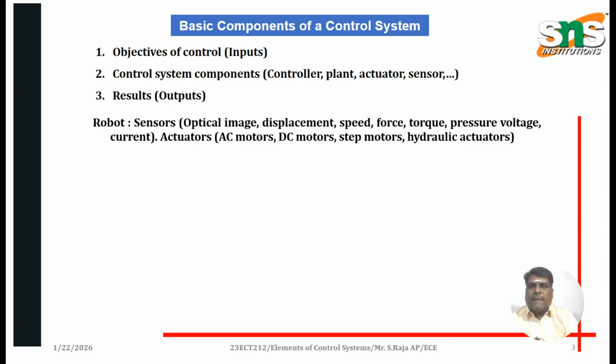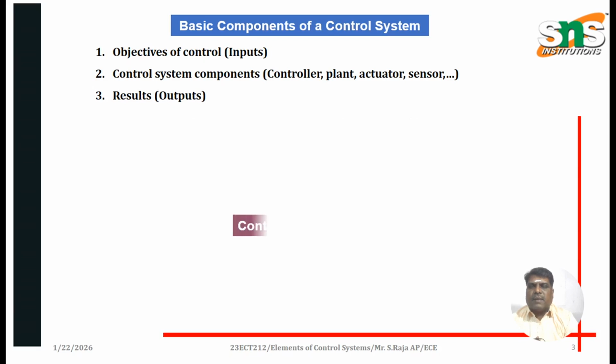For example, in a robot, sensors are used to find optical image, displacement, speed, force, torque, pressure, voltage and current, and actuators such as AC motors, DC motors, step motors and hydraulic actuators are used for movement from one place to another place.